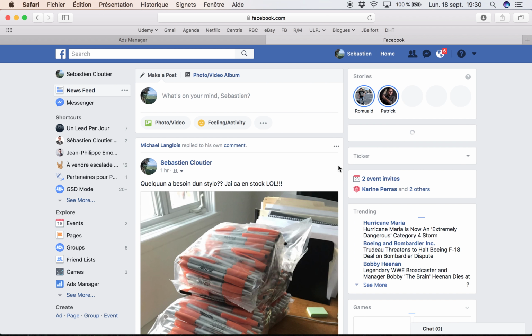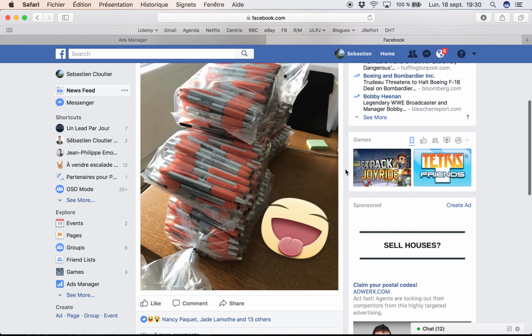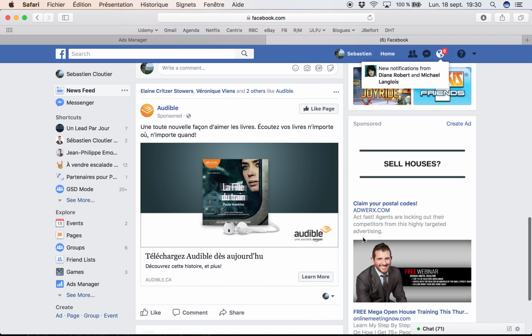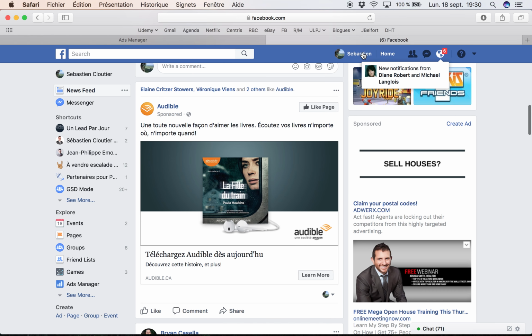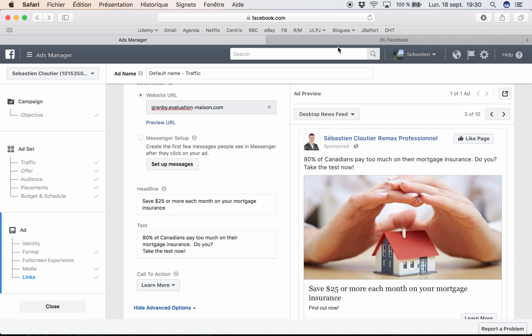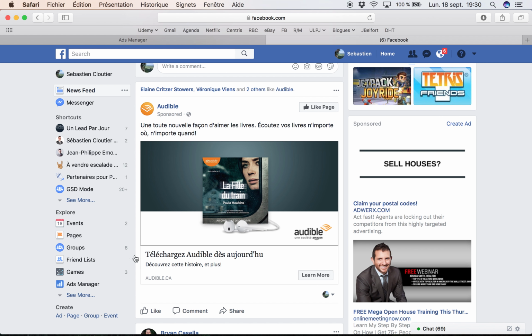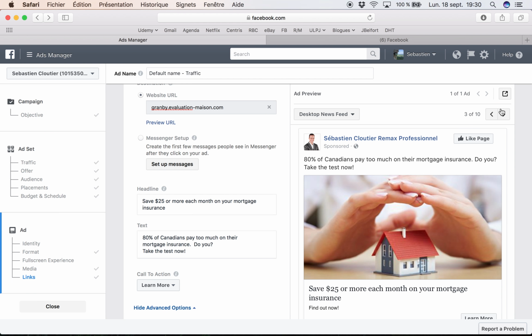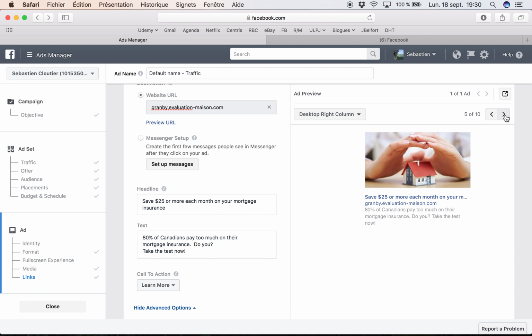So right here I'm on Facebook. This ad right there is the desktop right column, and the other one, desktop news feed, would be this ad right there. So different people are going to see your ad in different formats, different places.